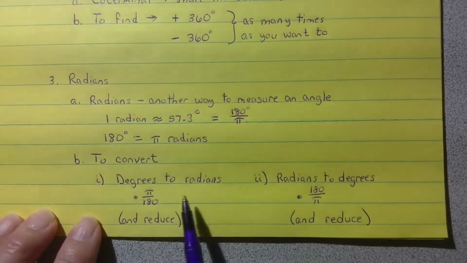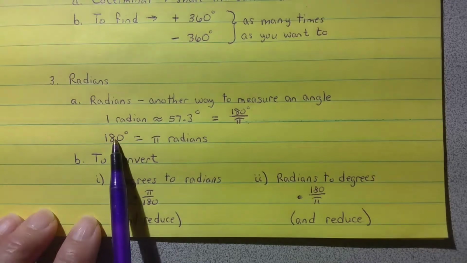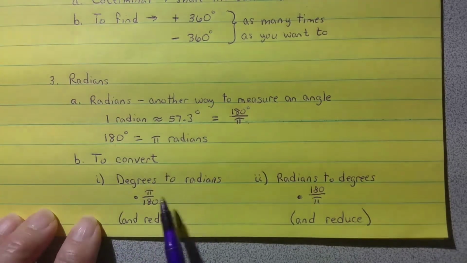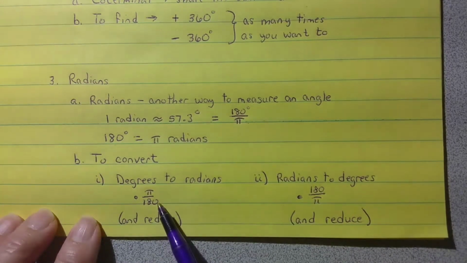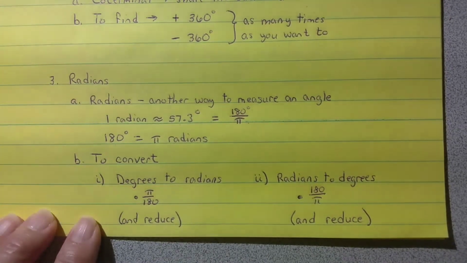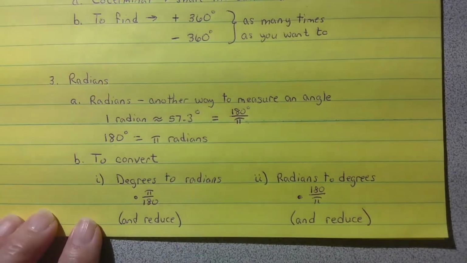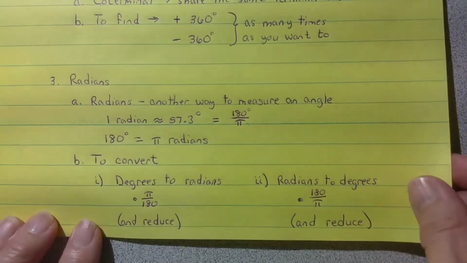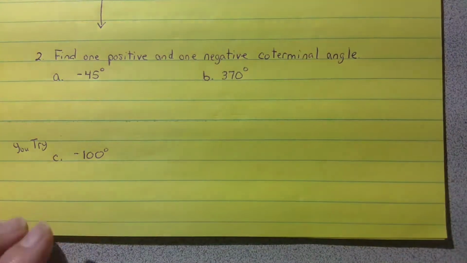Please notice that these are inverses of each other, and they show you the relationship between 180 degrees and pi radians. Here we have it, and here we have it again. You will definitely know if you've got these upside down because you'll have pi's, too many of them, or you'll have degrees, too many of them. You'll be able to see what I'm talking about here in just 1 minute. Okay, those are our concepts and our vocabulary for right now.